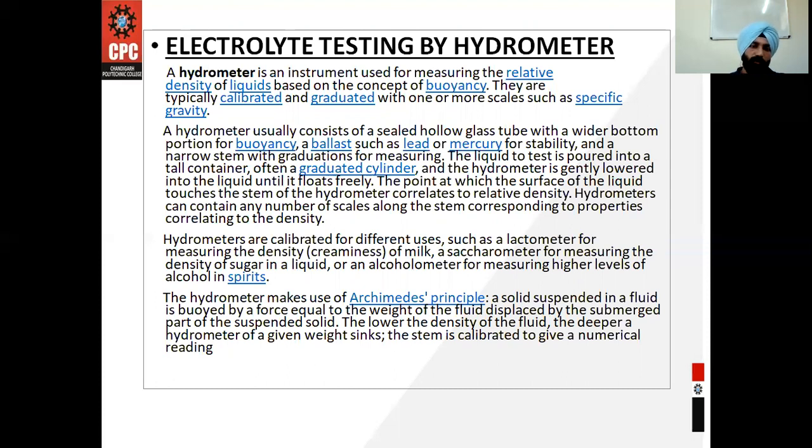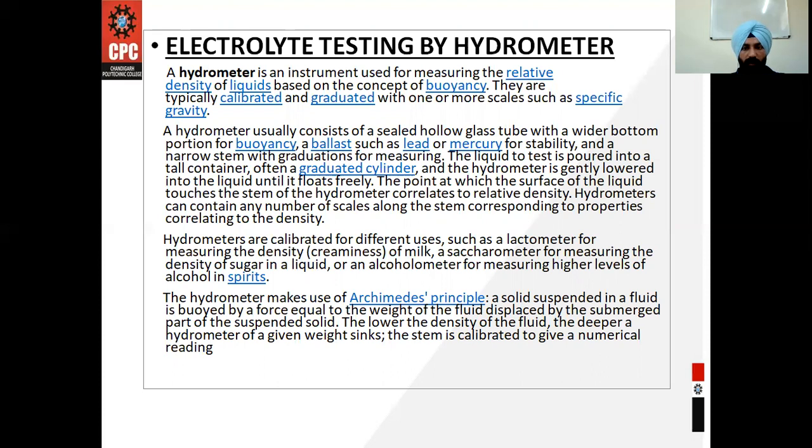A hydrometer usually consists of a sealed hollow glass tube with a wider bottom portion for buoyancy and ballast such as lead or mercury for stability, and a narrow stem with a scale for measuring the battery charge.